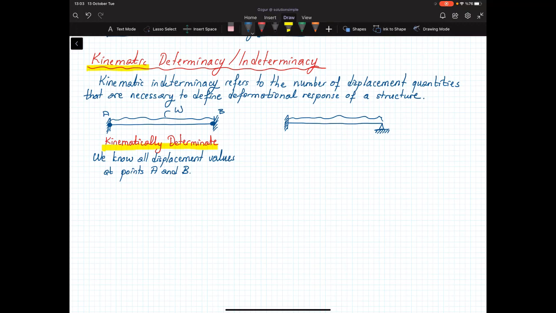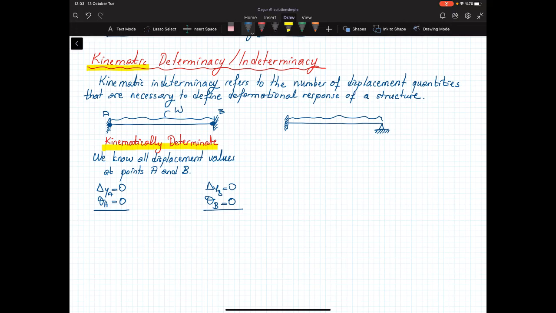In that case, delta y at A is equal to 0, rotation at A is equal to 0. Delta y at B is equal to 0, rotation at B is equal to 0. So these are the boundary conditions, and I have four known boundary conditions. This will help me to solve a fourth-order differential equation.